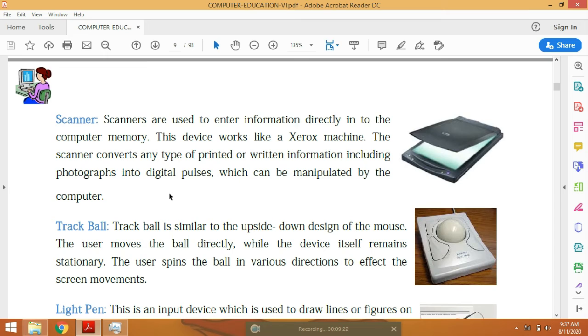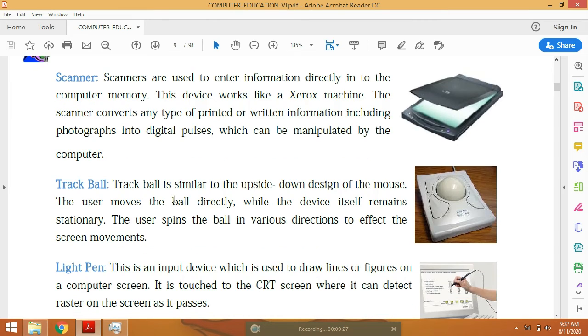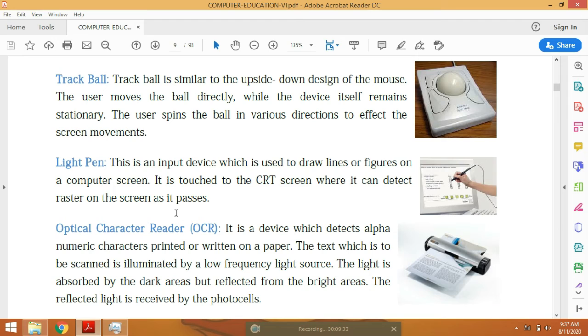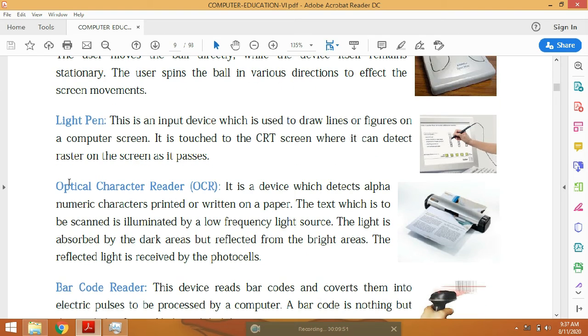Then the trackball. Before the invention of the mouse, the trackball was used, and today also trackballs are being used for gaming purposes. Then the light pen. The light pen is used in various places in today's life. The touch screen concept was created with the help of the light pen. Then OCR, optical character reader.